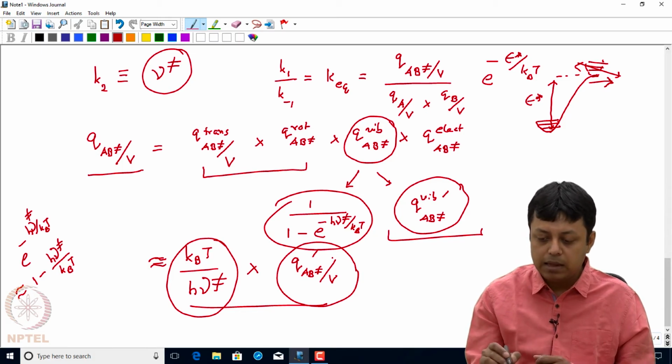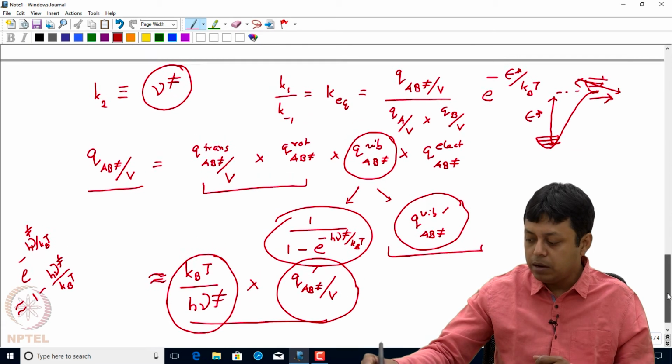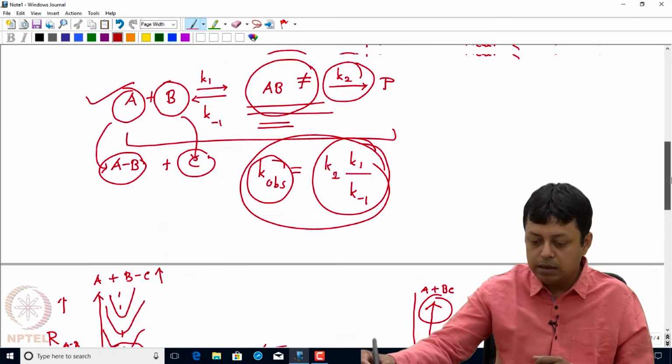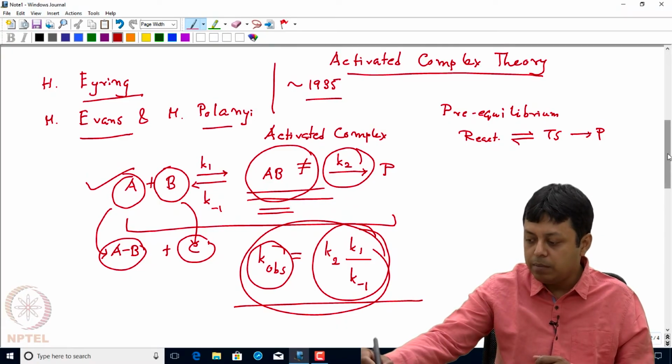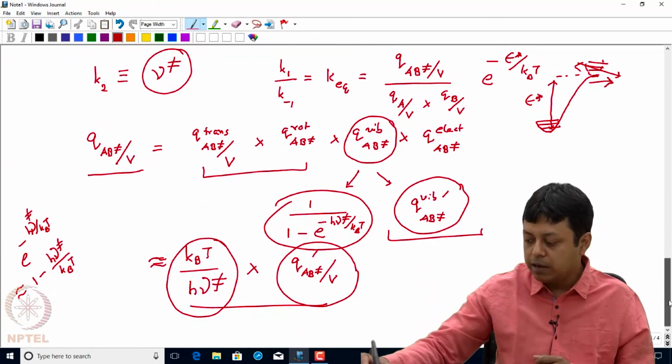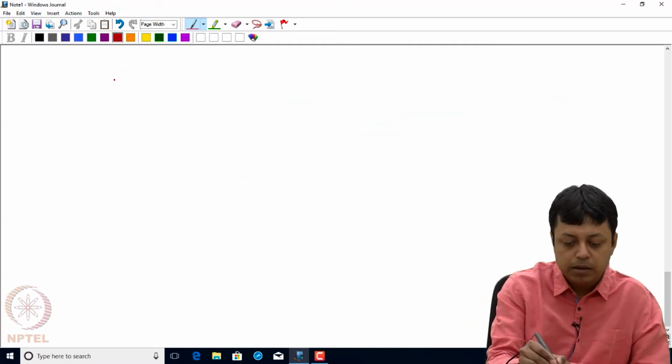Now we can put this back into the equation. The original equation, if you remember, had the observed rate as k2 times k1 by k minus 1. For k2, I will replace it directly with nu dagger.